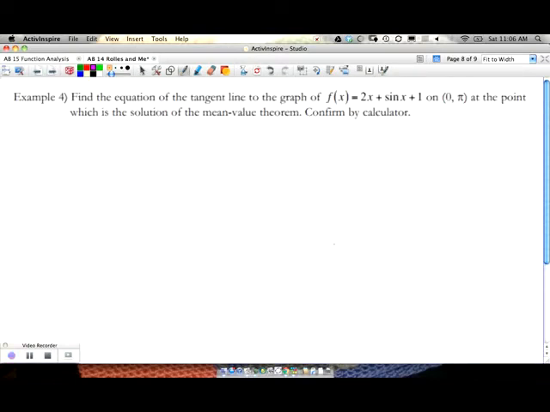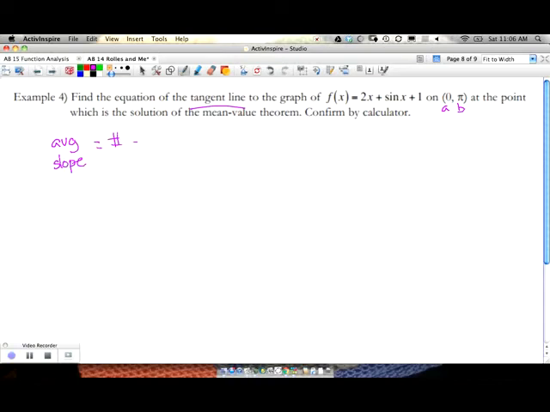All right, let's look at the next one here. Find the equation of the tangent line to the graph of this on that interval at the point which is the solution to the mean value theorem, confirmed by calculator. Okay, so here's our interval, here's our a, here's our b. We got to figure out what the average slope is.